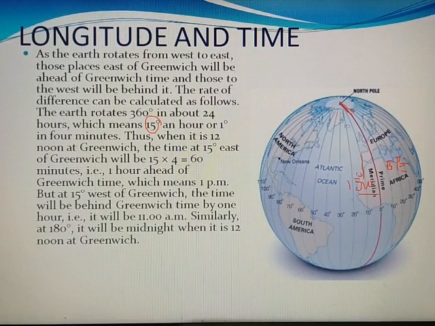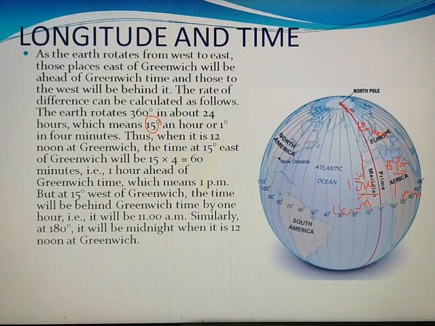I'm putting W here and E here. Then suppose in the prime meridian the time is 12 noon. Then at 15 degrees east it is going to be 1 p.m., and at 15 degrees west it is going to be 11 a.m.